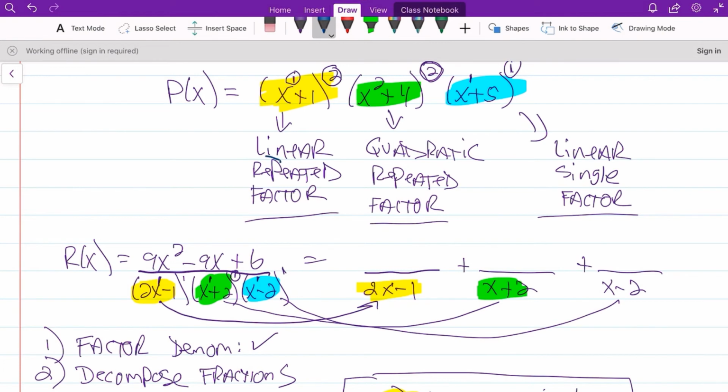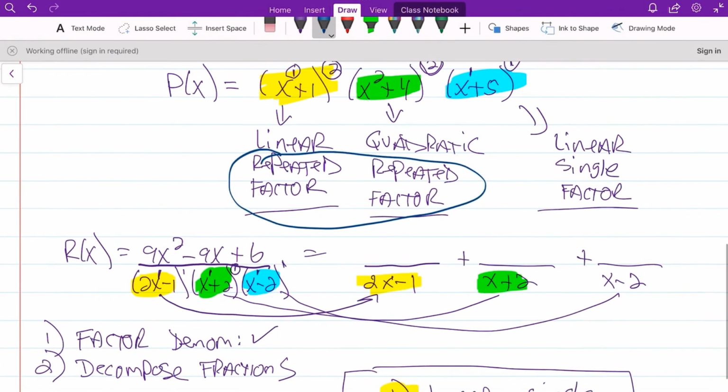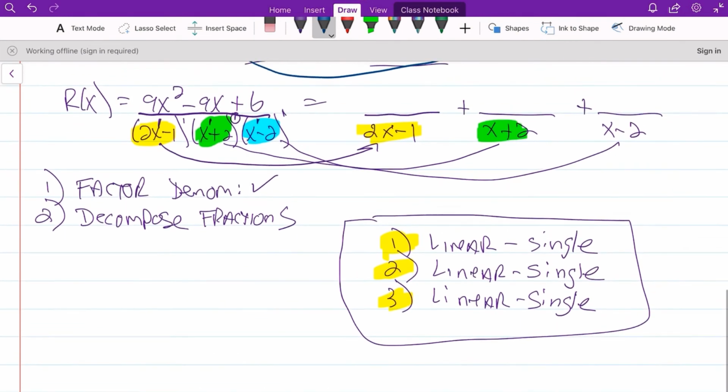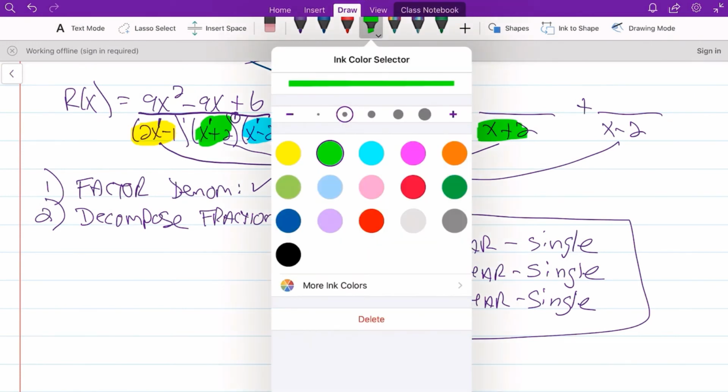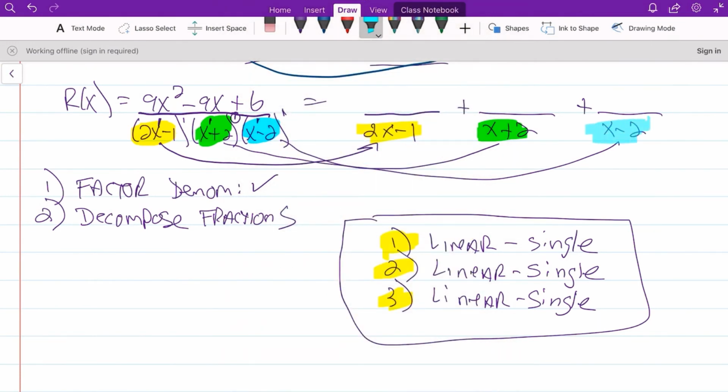So when you have repeated factors, I'm going to change the rules a little bit, and I'm going to deal with that in the 3rd video in this series. So just for now, when you have single linear factors, you're going to create a separate fraction for each separate factor. I have one for the 3rd one here. And again, if the factors are repeated, then it changes a little bit, and I'll get into that in the 3rd video. So that's basically what you're doing. Again, I have 3 different linear factors, so I have 3 different fractions, okay?